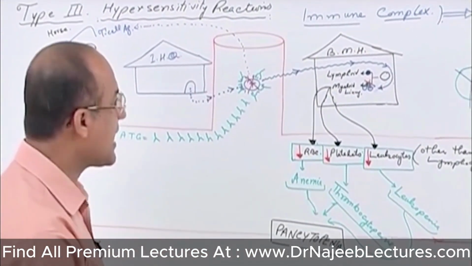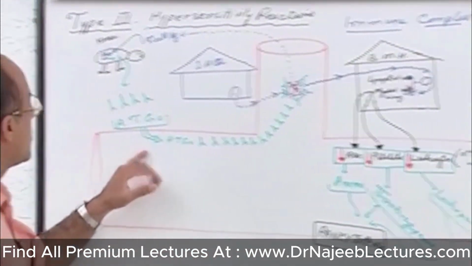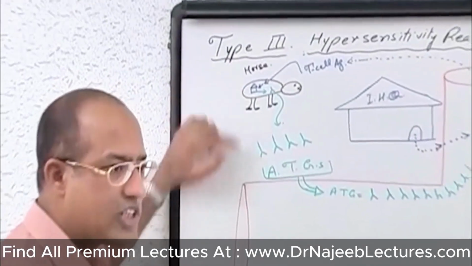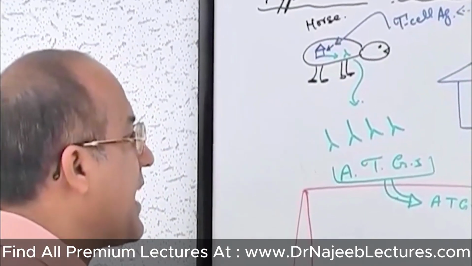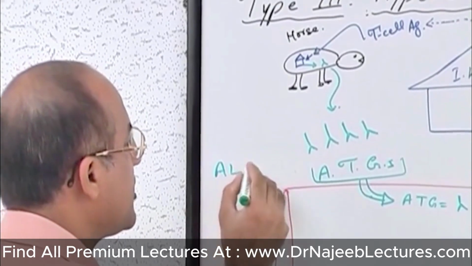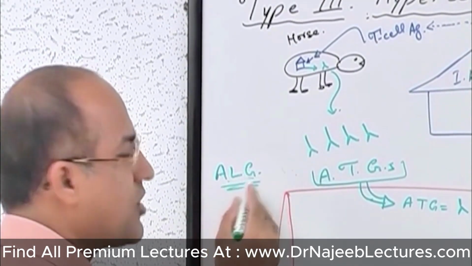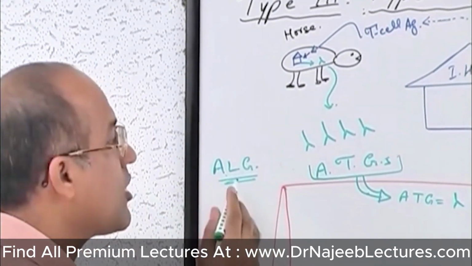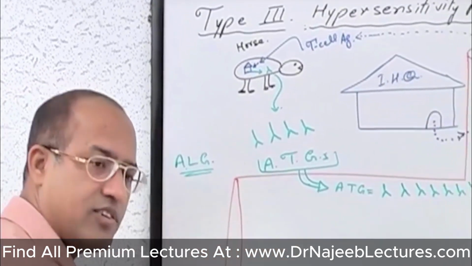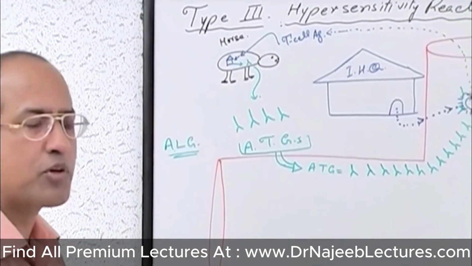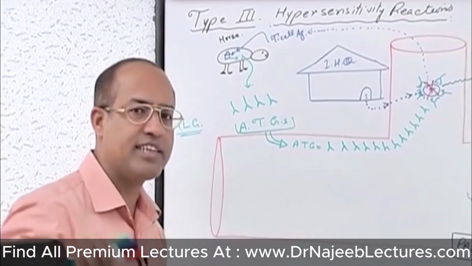Is that right? From the animal you derive ATGs. In some books it will be written ALG, but don't mind it. ALG stands for anti-lymphocytic globulins. But because they are not against B lymphocytes, they are specifically against T lymphocytes, a more appropriate word is ATGs.